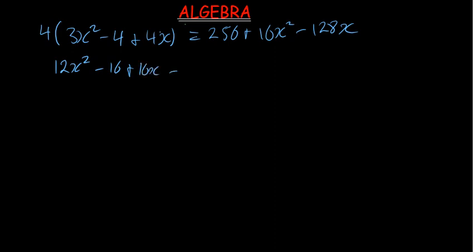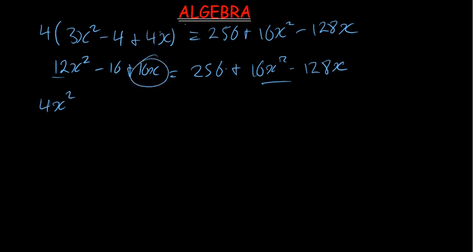Then here we have our 256, our 16x squared minus 128x. Then we subtract the 12x squared from the 16x squared. What you're going to get is 4x squared. Then we subtract the 16 from 128.